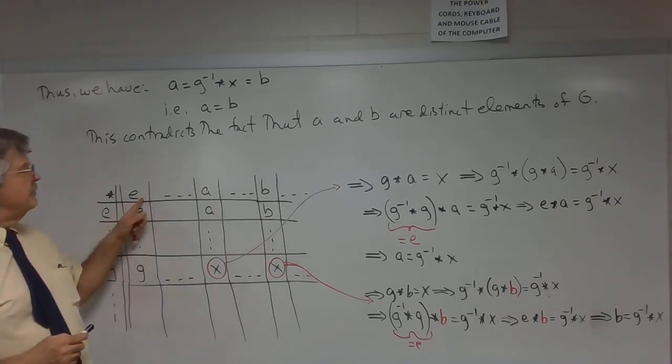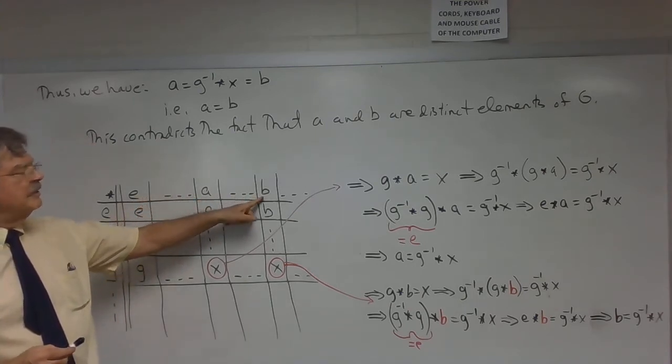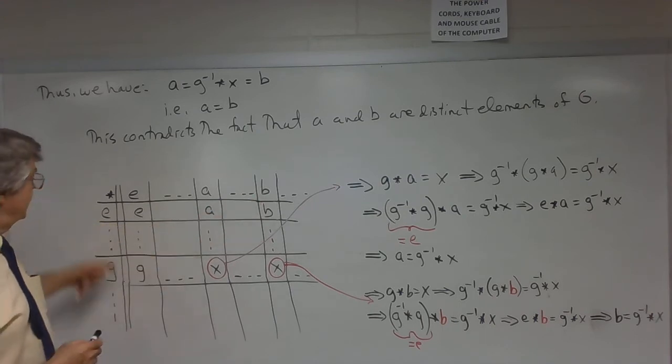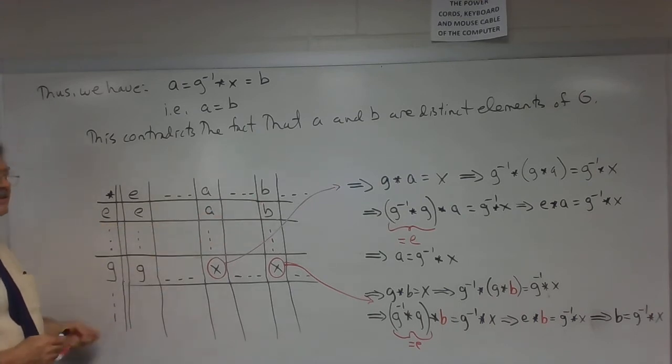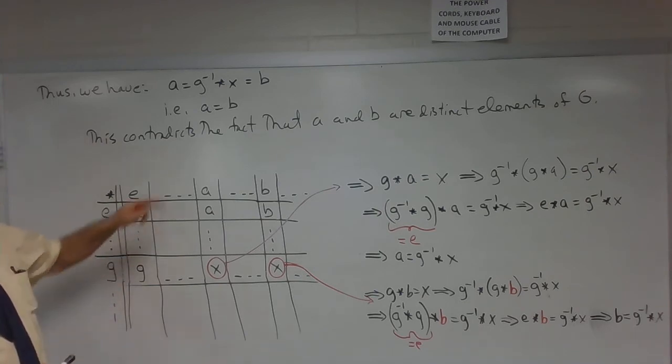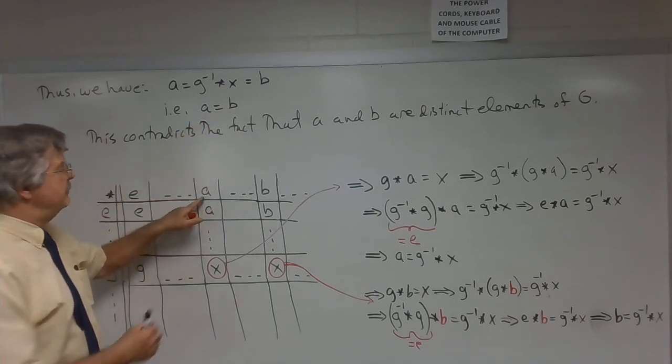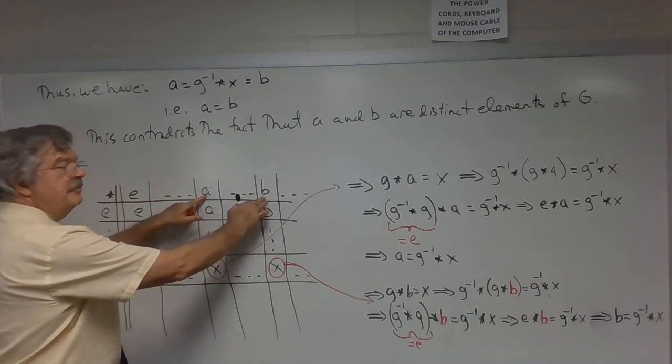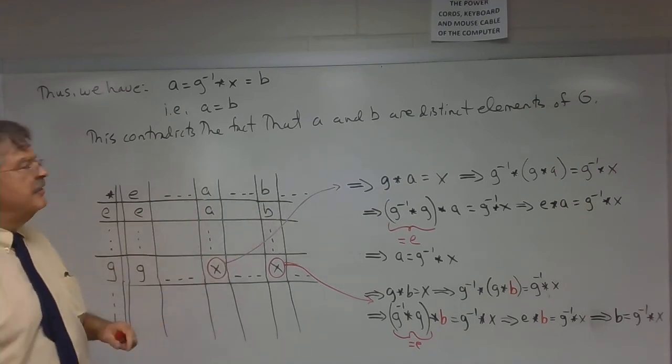Remember, every element of G appears exactly once as the header of a column and exactly once as the header of a row. Well, if A and B are equal, that means that this element appears twice as the header of a column. That can't happen.